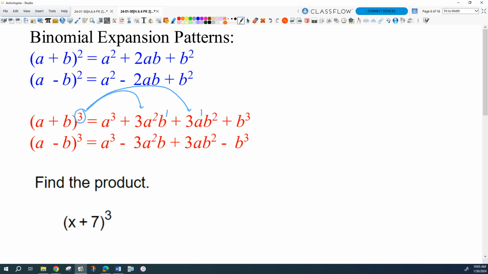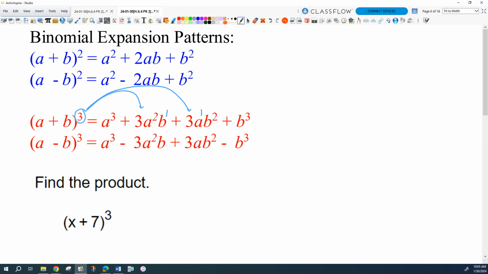And notice what happens to the exponents. They start with all of the exponent given to the a, and b gets nothing. Every term, the a is reduced by 1 and the b is increased by 1 until eventually the b gets all the power in the last term.